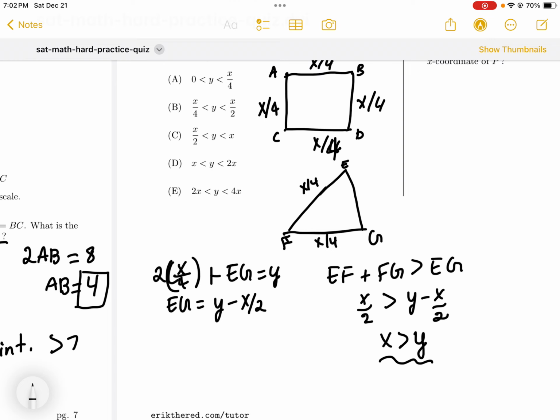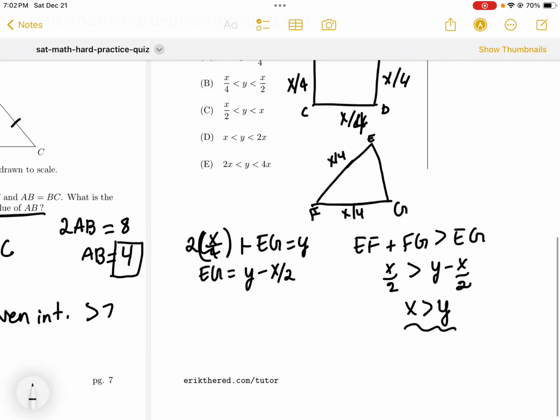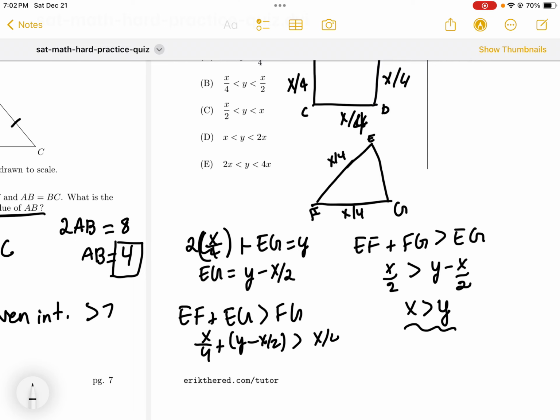So I'm going to place EF or FG on one of the other sides of the triangle inequality. Let's see, I'm going to do EF plus EG is greater than FG. X over 4 plus EG, which is y minus x over 2, is greater than FG, which is x over 4.